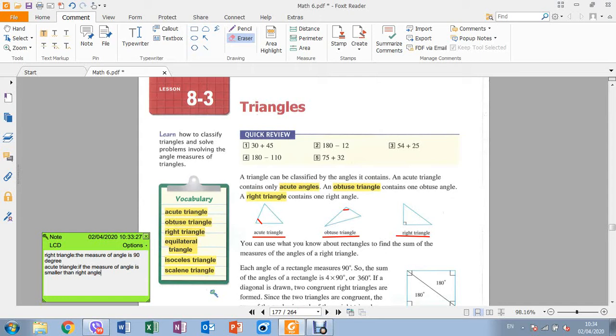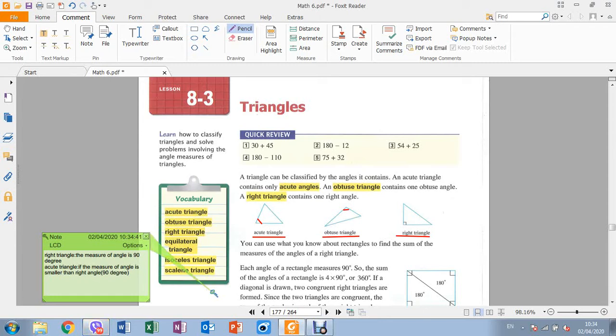Right angle means what? 90. Smaller than 90 degrees, this is called what? An acute triangle. Look at this one. This is an acute angle. Why? Because the measure of this one is smaller than that, smaller than 90 degrees.